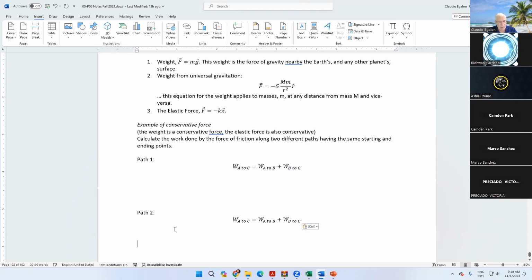And then you repeat for path number 2, which is going to be different from A to C. And I'm going to put a prime here because it's a different path.